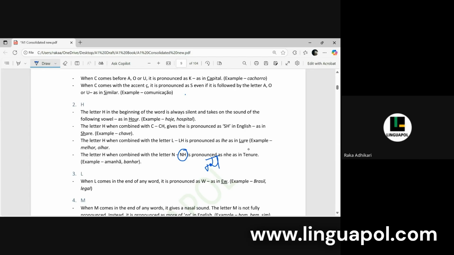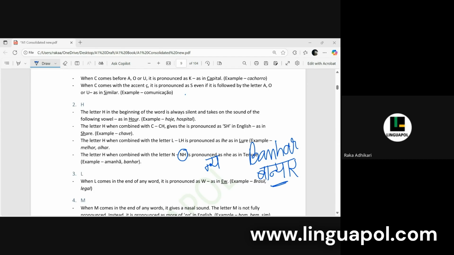So for example, we have the word banhar. Banhar means to take a bath. It's a verb. So we will read it like this. Banhar, or some people will say banhar.